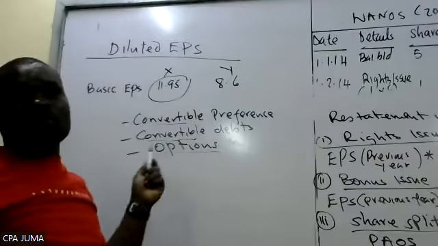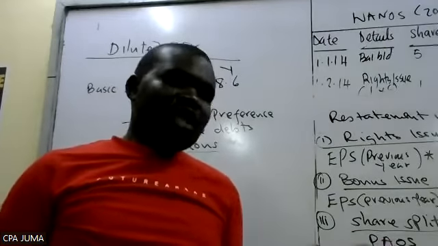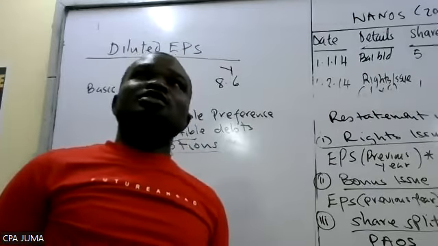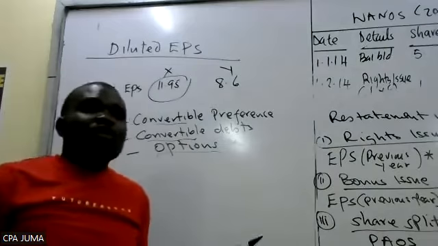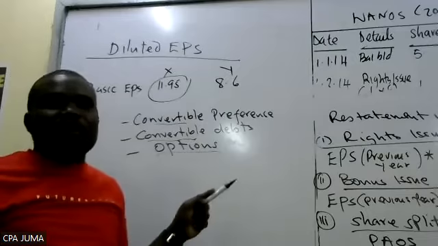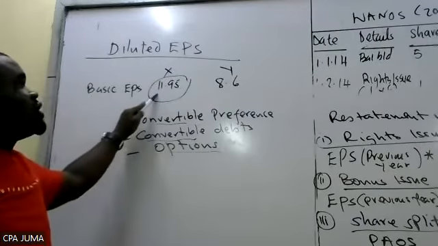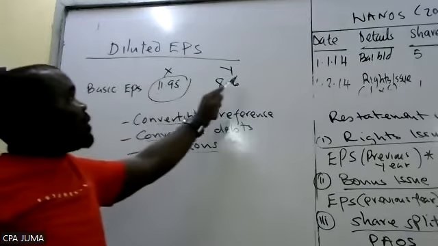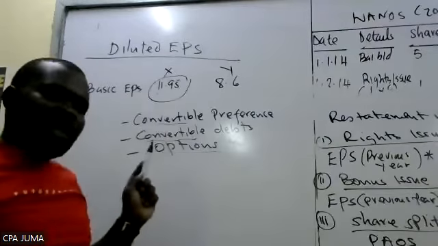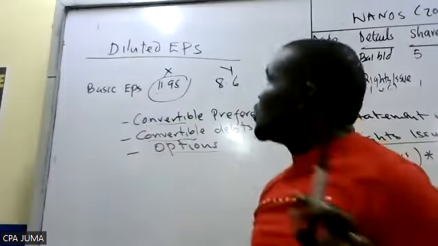Options, like the employees, you agree with the employees that if you work for 5 years, we give you shares in this company. So right now they have not come, their time for conversion has not elapsed, and they are reporting 11.95. This company has not given out any of this. So you tell the broker that, my friend, fine, X seems to be doing well.